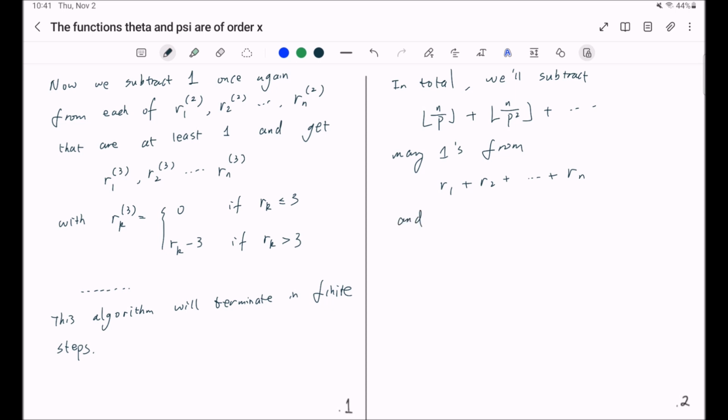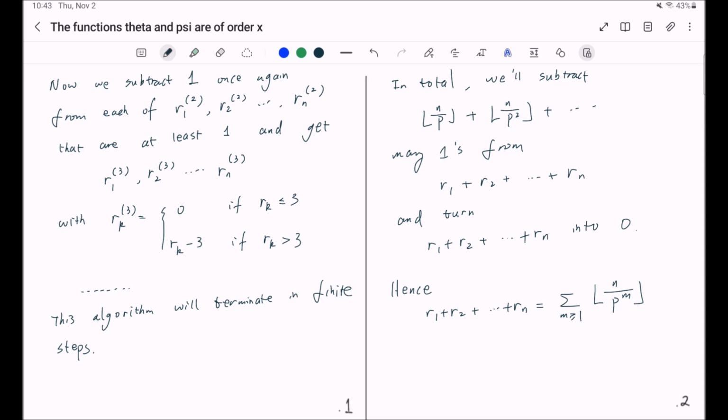And in the end, we will turn the sum into 0. And hence, because our subtraction algorithm will eventually turn the sum into 0, that means this sum must be precisely equal to the summation of quantities that we have taken from this sum.